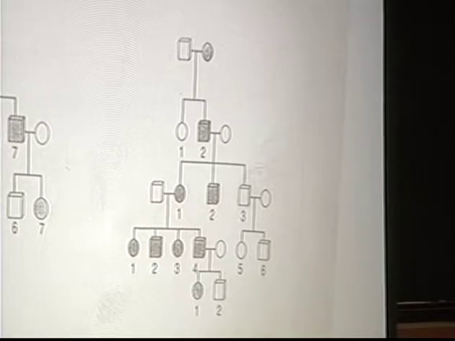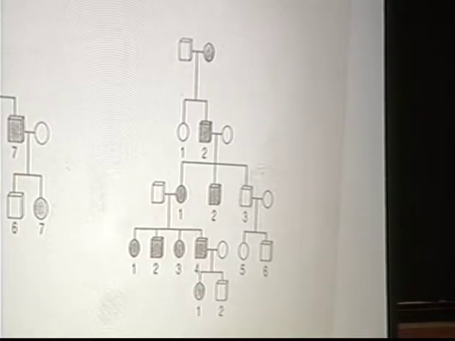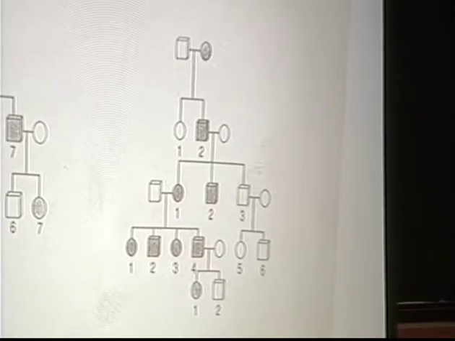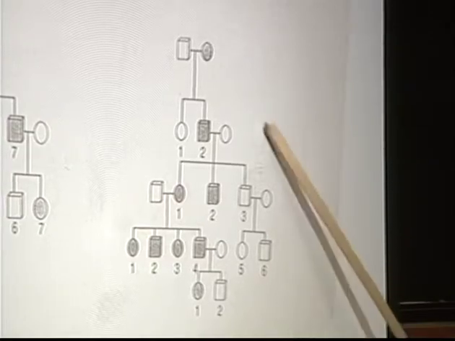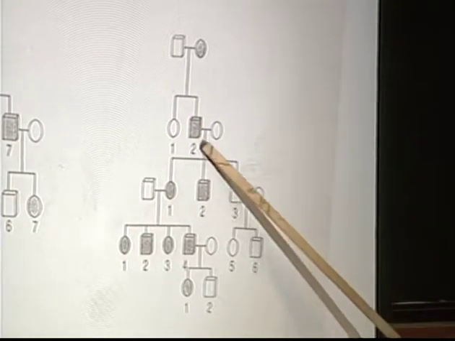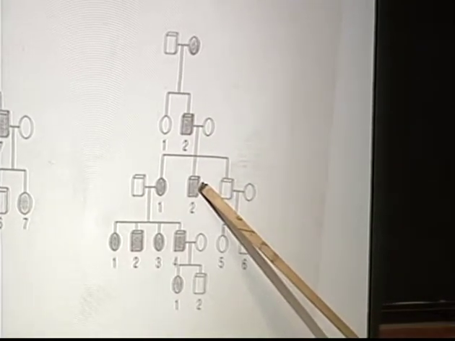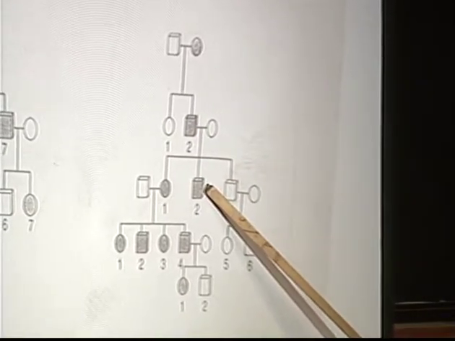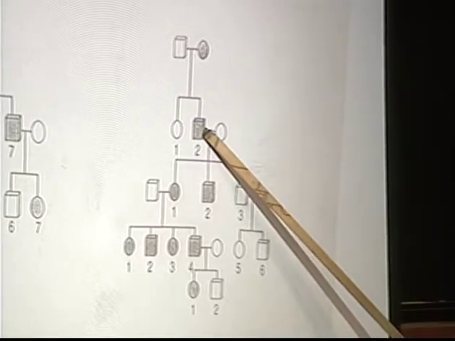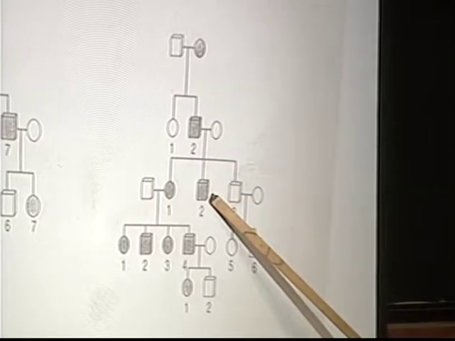If it's X-linked, affected males should produce all affected daughters and no affected sons. Therefore, because of this right here, this cannot be an X-linked trait. Cannot be. This is an autosomal dominant trait.